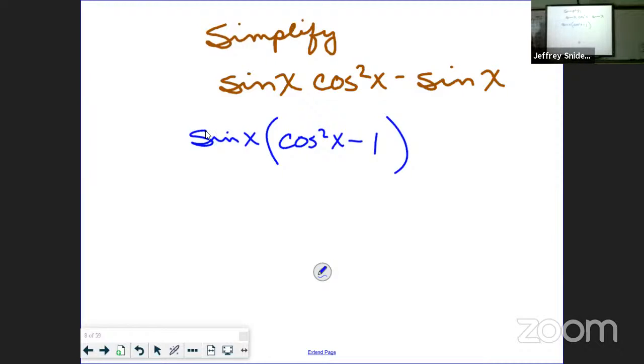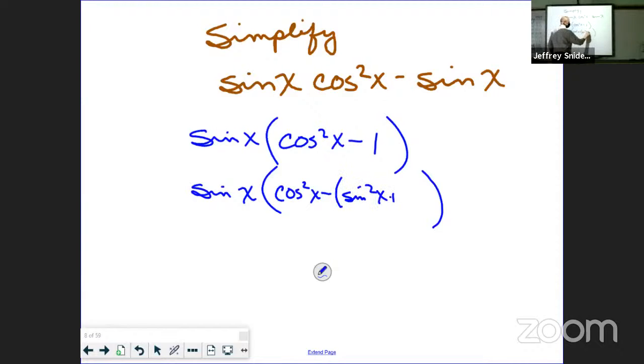Oh, here we go again. What can I do on the inside? Cosine squared x, and I gotta be careful. Minus, if I replace 1 like I did last time, it has to go in parentheses because I want to subtract all of it. Minus sine squared x plus cosine squared x, right?